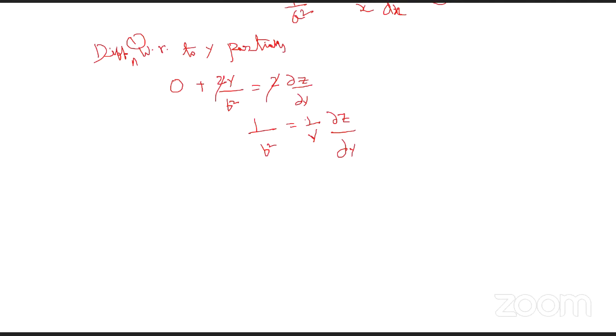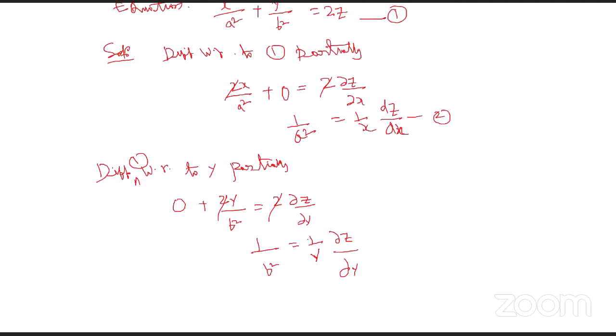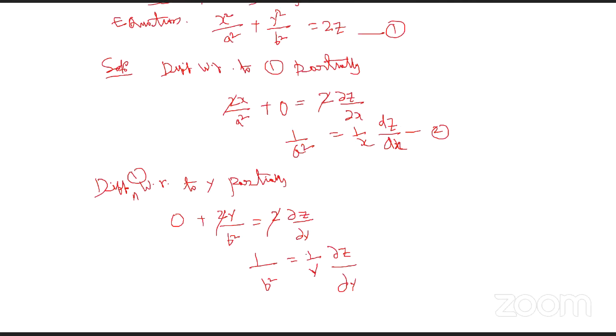Here dou z by dou x is p, so 1 by a square equal to p by x. Equation number 2.